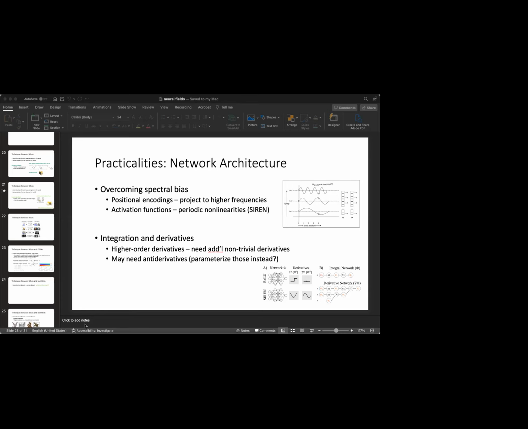With SIREN, what you're learning is basically Fourier coefficients. The activation functions are periodic, and therefore you're taking a linear combination of sines and cosines at different frequencies with a non-linearity in between.